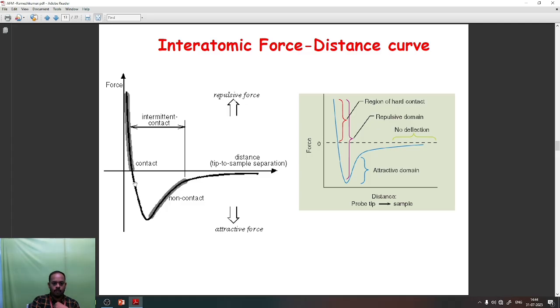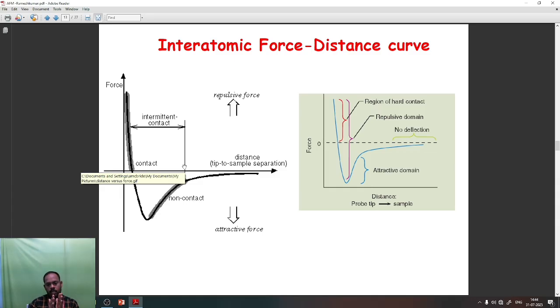So this region means contact, and the non-contact force will be in this region. In the middle of the distance in this graph, there will be non-contact, but almost closer to the sample surface.